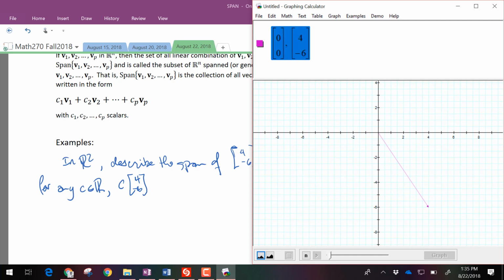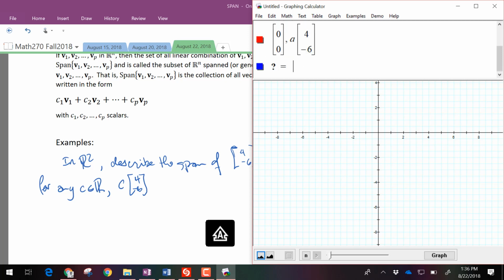So now what if I take that vector and I scale it by just some random number a?